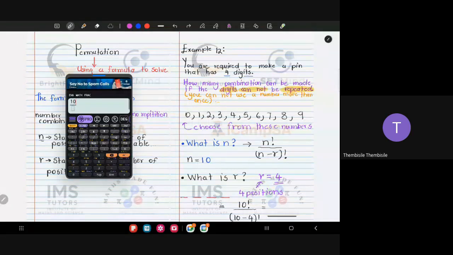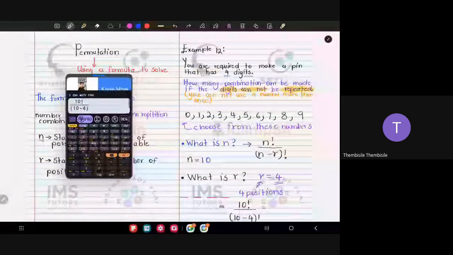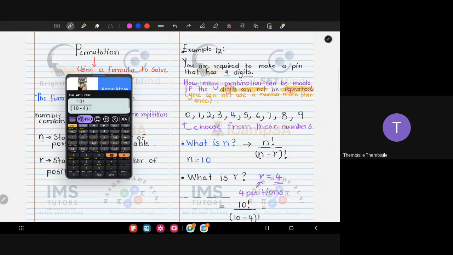So 10, and then for me, I need to do shift and then click that. There's my 10 factorial, guys. Open the bracket, 10 minus 4, and then shift. I click there, and there you go, guys. And that is the answer that I get.